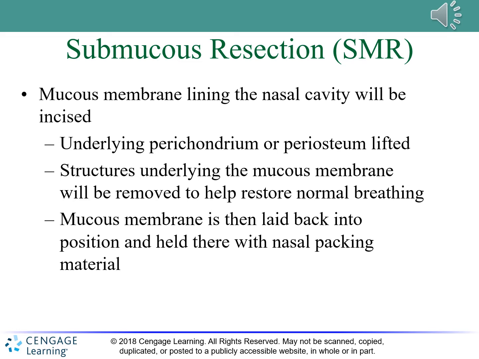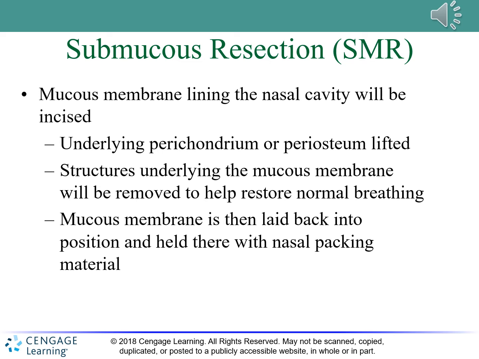Okay, so at the bottom of 652, it's talking about the submucous resection, or SMR. So the submucous resection is a surgical procedure to restore normal breathing. It involves incising the mucous membrane lining of the nasal cavity, lifting the underlying perichondrium, removing underlying structures, and placing the mucous membrane back into position, also called a septoplasty.